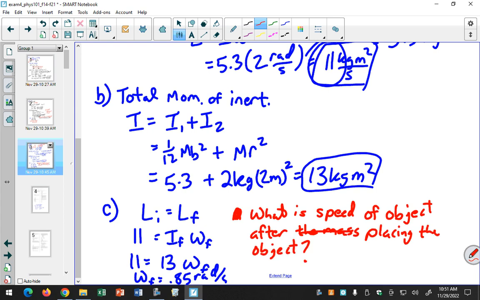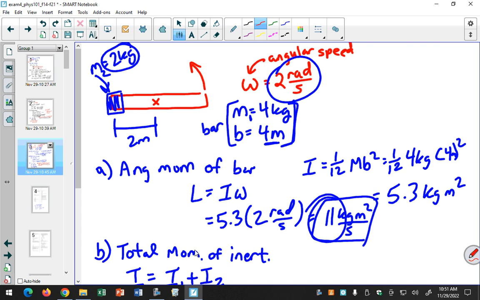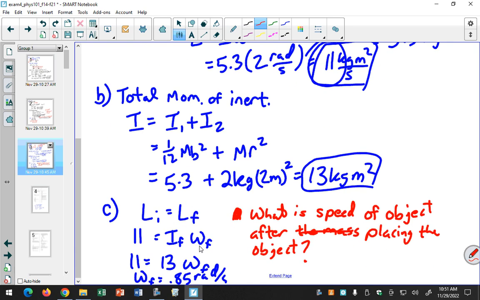After you add this extra mass onto the object, what is the new angular speed? It's going to slow down. I want to know how much does it slow down. And it goes from, what was it before? 2 radians per second to 0.85 radians per second.